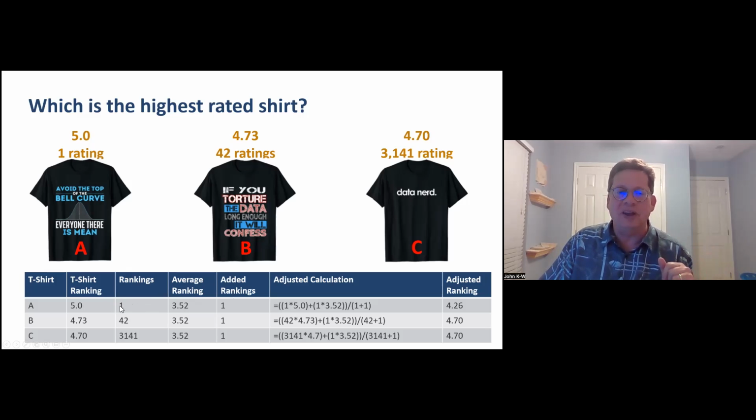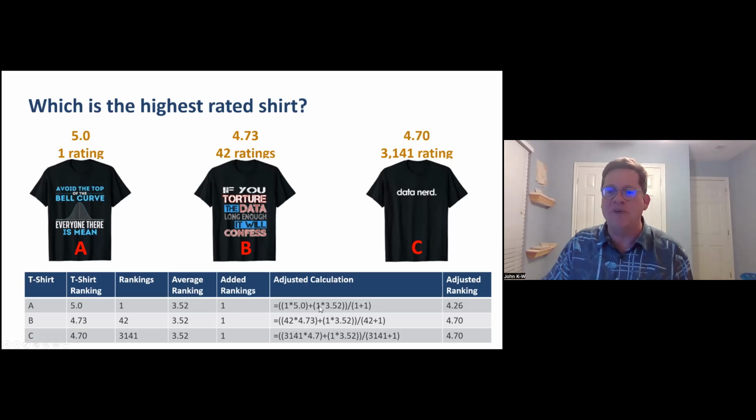We're going to take that 5.0 at a ranking of 3.52, and that comes out to 4.26, halfway between 5.0 and 3.52. The way to do that is multiply the number of rankings by the ranking, and multiply the proxy ranking by the mean.